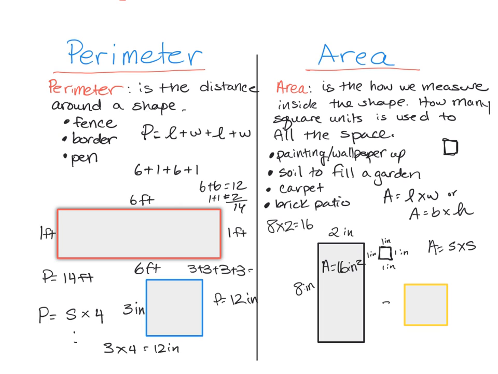So if this is 3 yards and this is 3 yards, you're just doing 3 times 3. That would be the same number. So you can say side times side, or you can also say length times width. It's not going to be wrong because you're going to get the same answer. So 3 times 3 would be 9 yards squared.